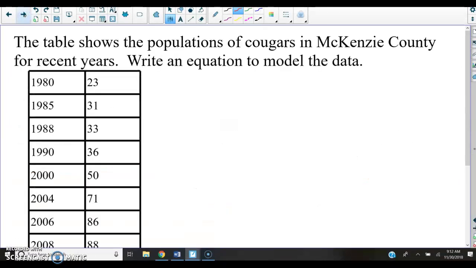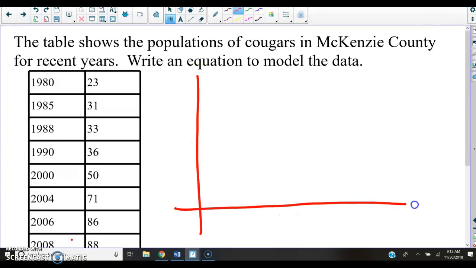Okay? Here's another example with cougars. And it goes from 1980 to 2008. Okay, so again, my years is independent. So this is going to be year 0, this is going to be year 5, 8, and so on. I'm just going to see how many years since 1980.